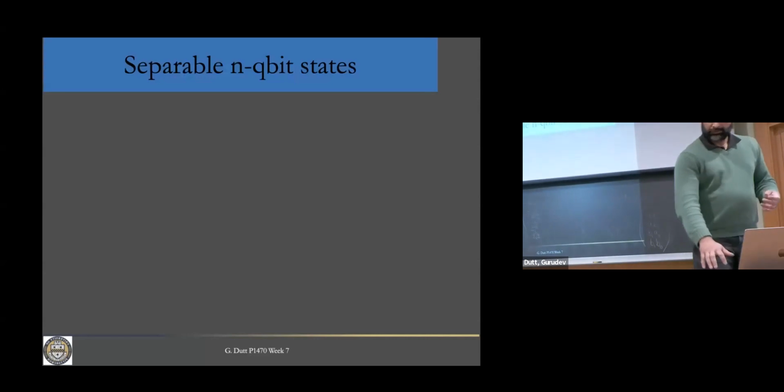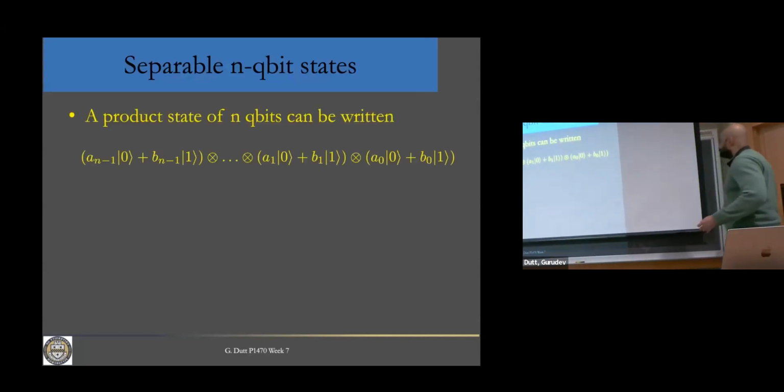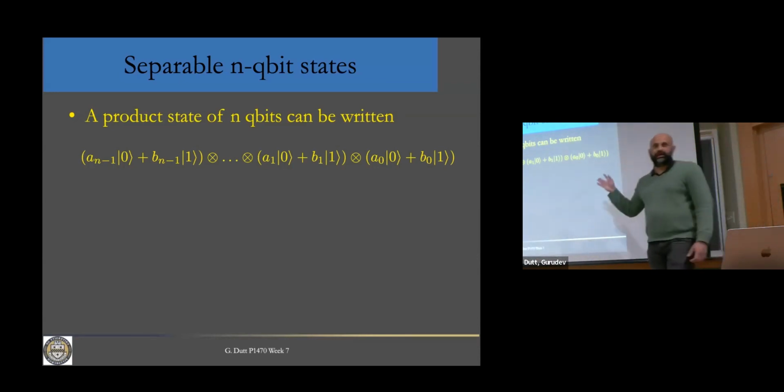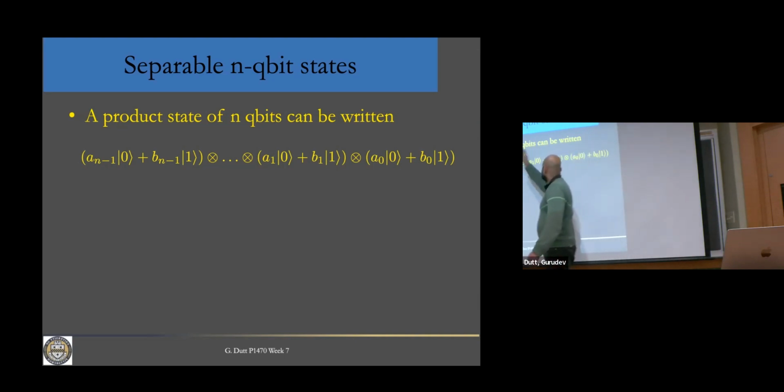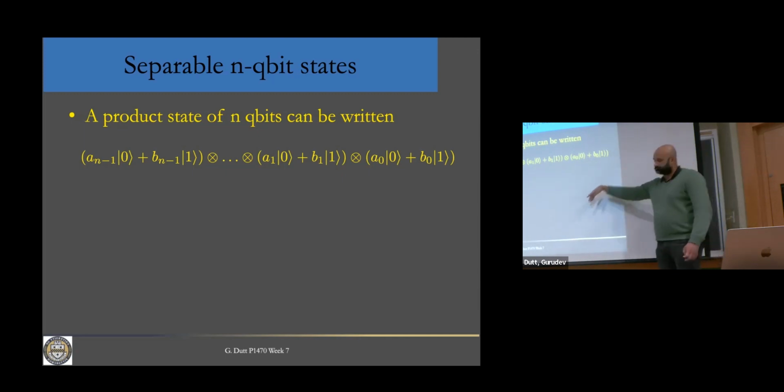And now that we've done that for one state, I think you'll understand that, now that we've done it for 2, we generalize to n right away: any product state of n qubits can be written as a tensor product of the individual qubit states.